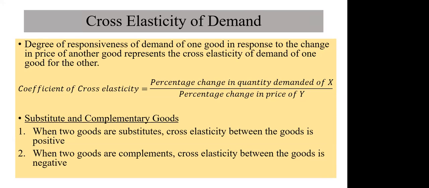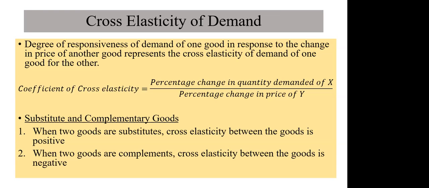Because when the coffee's price increases, it becomes dearer, so the consumer will try to replace it with a cheaper option, tea. As a result, the demand will increase. So when two goods are substitutes, cross elasticity of demand will be positive because the change in price of good Y and the change in quantity demanded of good X will move in the same direction.